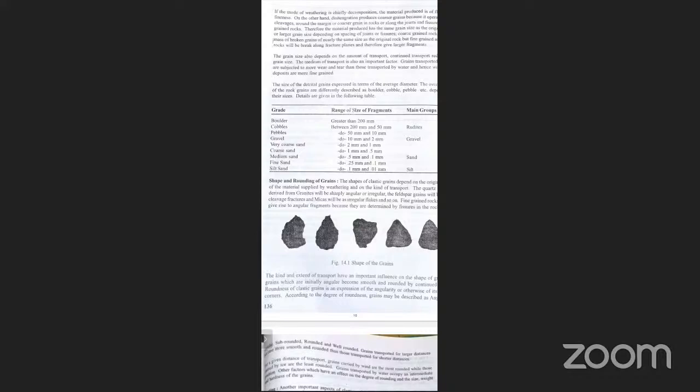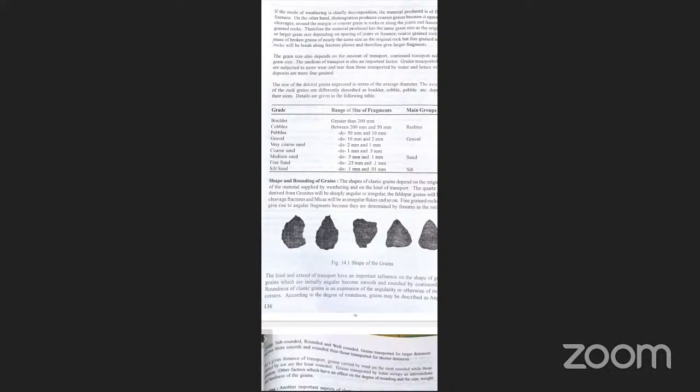So the kind and extent of transportation has a very important influence on the shape of the grains. The grains which are initially angular become smooth and rounded depending on their transportation. Definitely, if the transportation is continuous, then automatically the sharp edges become round and smooth surfaces.